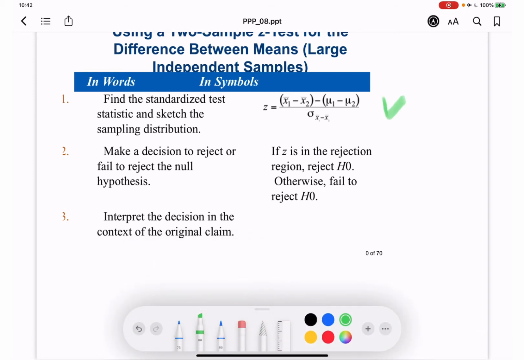Although I'm going to use it and write it down many times, you can write down this formula. And withdraw a decision: if the z-score is in the rejection area, we reject the null hypothesis. If it's in the fail-to-reject area, then we fail to reject, and draw an interpretation.